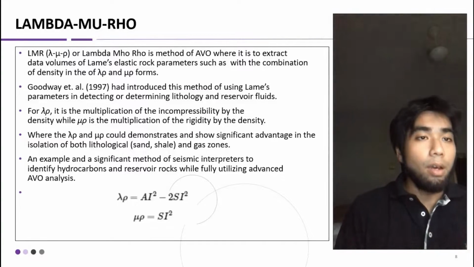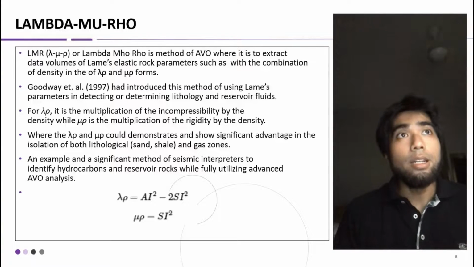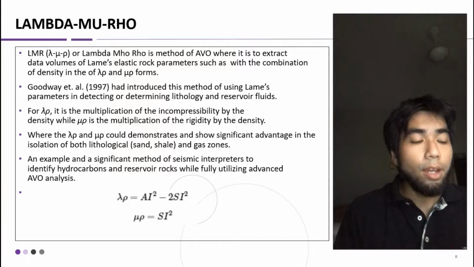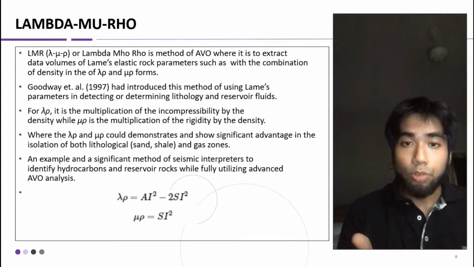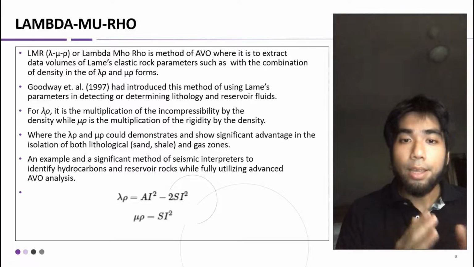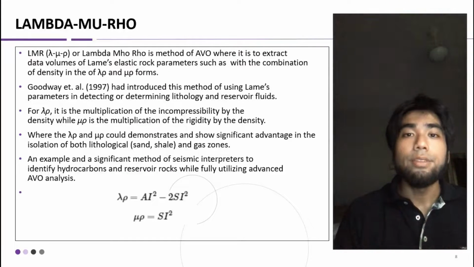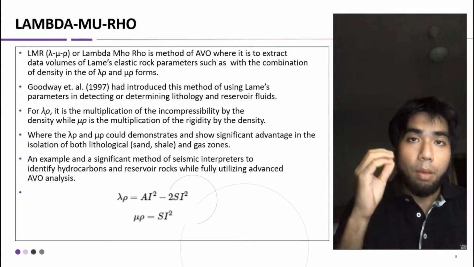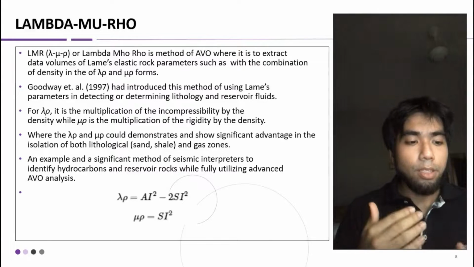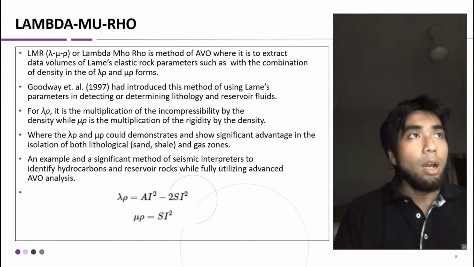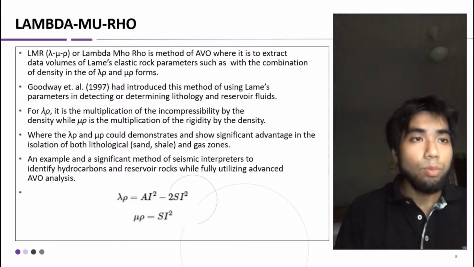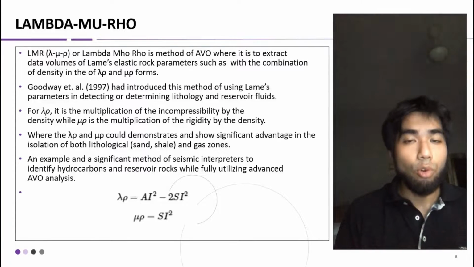Alright, now for the lambda mu rho method. In 1997, Goodway and others introduced a method of using Lame's parameters in detecting and determining lithofluid boundaries. Up until recent years, it has been derived into the lambda mu rho method.